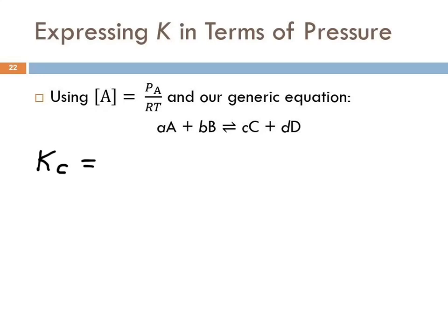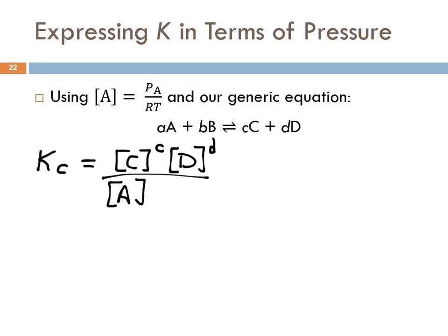Close. It's the products over the reactants, the last ones over the first ones. So the concentration of C raised to the power c, times D to the d, over A to the a times B to the b. And yes, somebody's going to make a song out of that sometime.